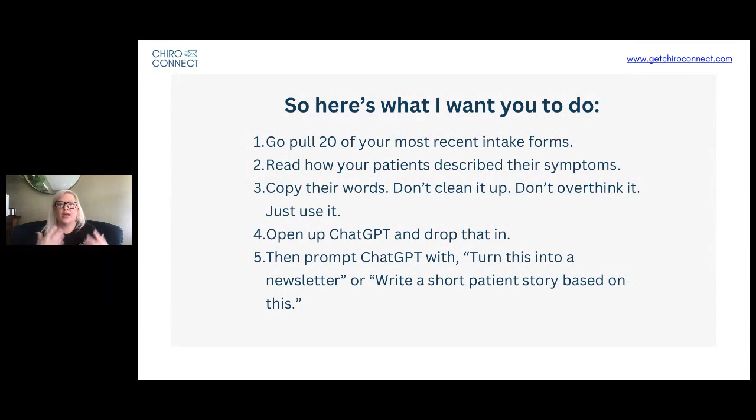Pick your most common and say, write me a newsletter for each one of these conditions. Write a short patient story for each one, because how you connect with your patient base is going to be based on how you speak to them and the language that you use.